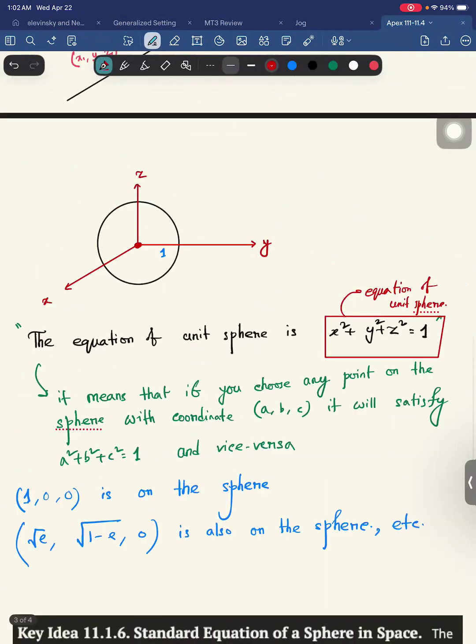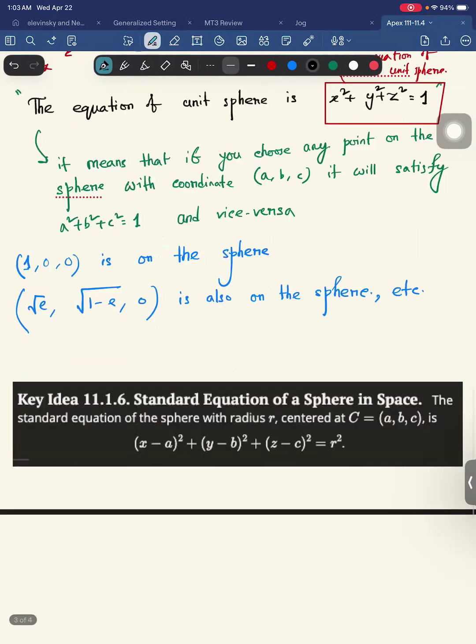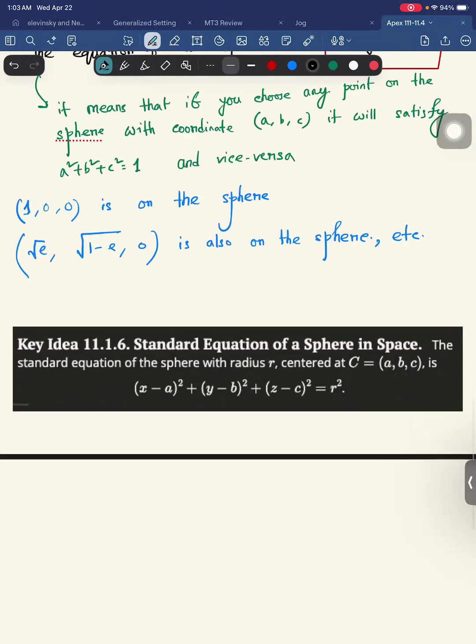The center of the unit sphere is (0, 0, 0), and the radius is 1. So the equation of the unit sphere is (x minus 0) squared plus (y minus 0) squared plus (z minus 0) squared equals radius squared, right? And the same thing I'm showing you here, but for the equation of a sphere with center at a general point (a, b, c) and radius r.